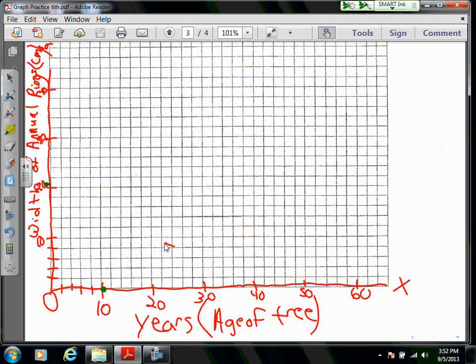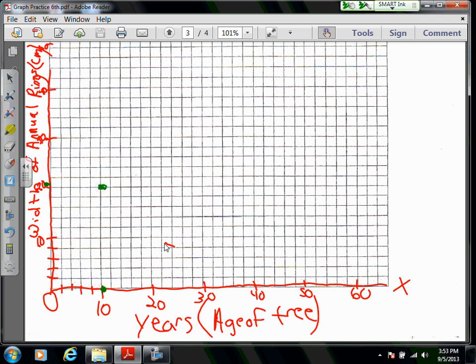So what you do is you take and you go up from 10 and find where it intersects with 2.0 and you plot your point right there. So that's the first point. Okay, you're not going to leave those lines there. Okay. All right, at 20 years, it was 2.2.